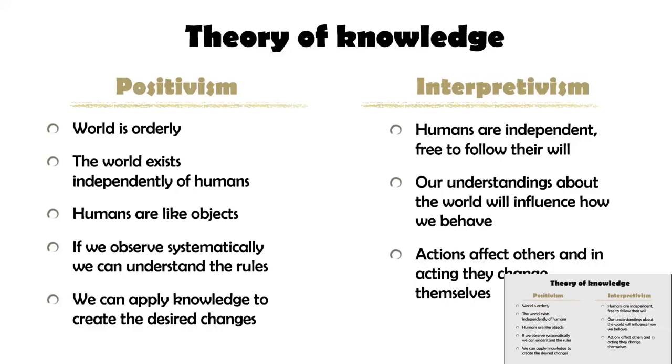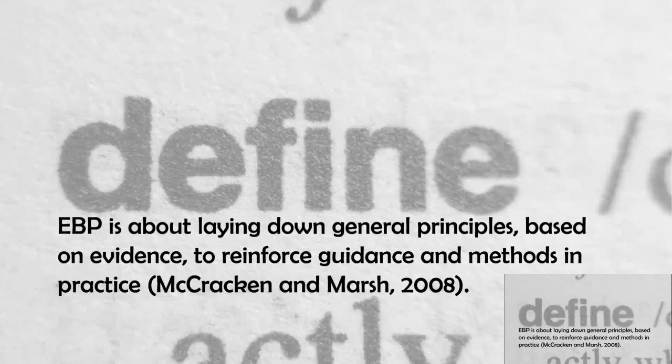So this really relates quite significantly to ideas around evidence-based practice and what it means. So this is another definition. Evidence-based practice is about laying down general principles based on evidence to reinforce guidance and methods in practice. And what I talked about in the presentation was that social work has been criticised for being, there is this quote, woolly-minded and vague and open to bias.